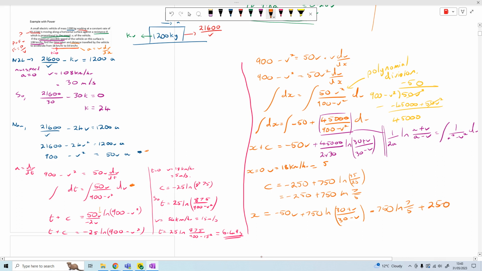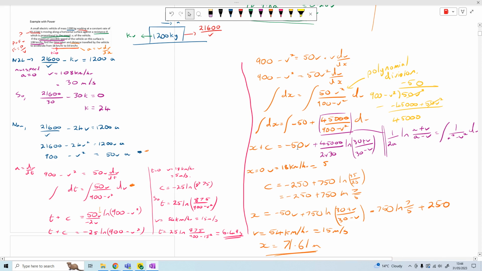I could try and put these two together in the middle, but I don't really need to do that. I'm just going to go straight into it: when v is 54 kilometers an hour, which means it's 15 meters a second, x is equal to, and I simply sub 15 into that equation. It comes out as 71.61 meters.